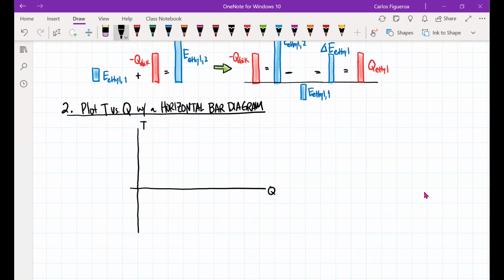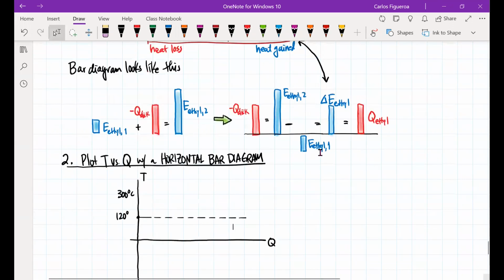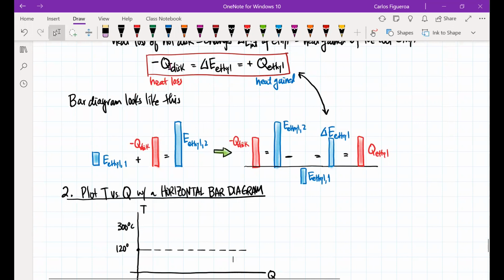So now let's look at what happens. The disk starts off at 300 C, and then I'm going to say it's going to drop to 120 degrees C. So when I draw a line here, I'm going to say that this line right here is my 120 degrees C. Now look at the heat of the disk.